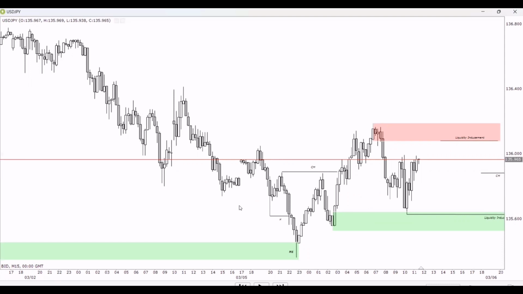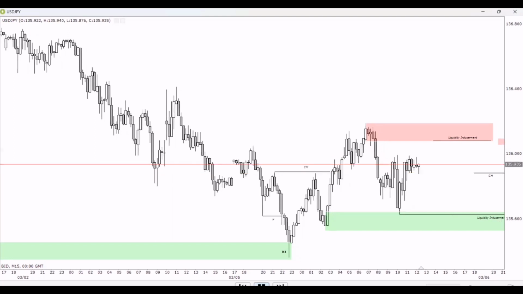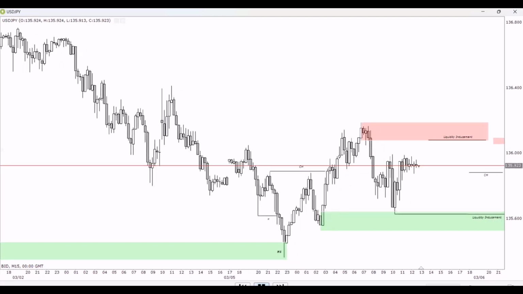Price has to tap into that zone, so that early smart money traders can get in. After getting in, then you wait for price. Now I will show you what I mean by that.